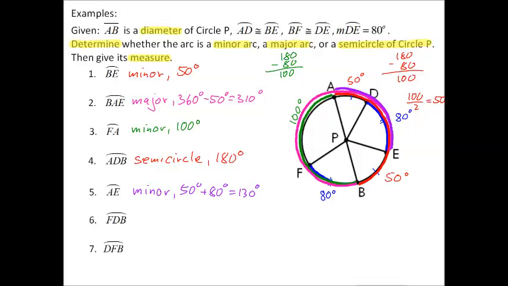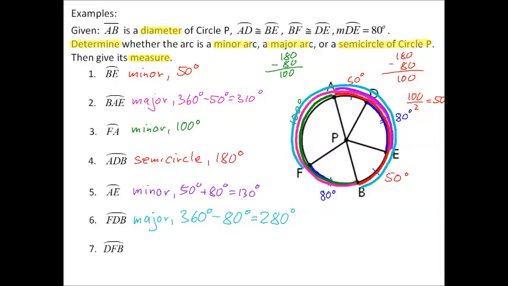Next our arc FDB starts at F, goes to D before it actually goes to B, and that goes almost around the entire circle. So it's definitely a major arc, and the measurement is everything except for the arc FB that we found before, which is 80 degrees. So 360 degrees minus 80 degrees, and that is 280 degrees.